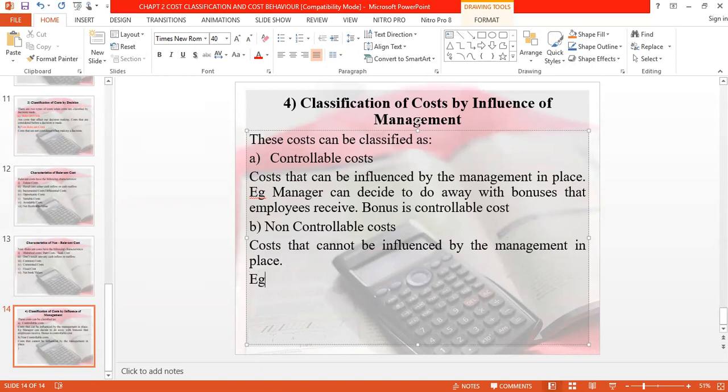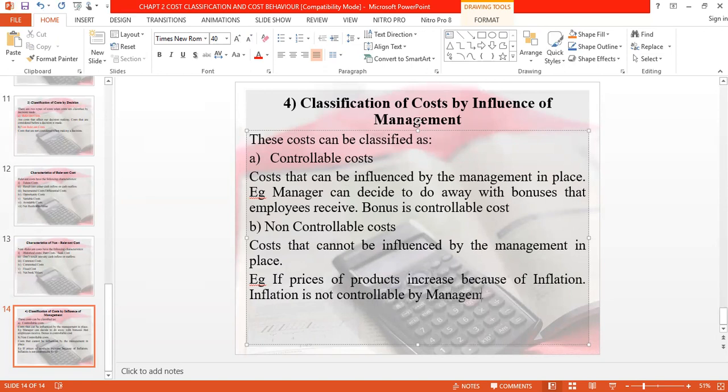For example, if prices of products increase because of inflation, inflation is not controllable by management.